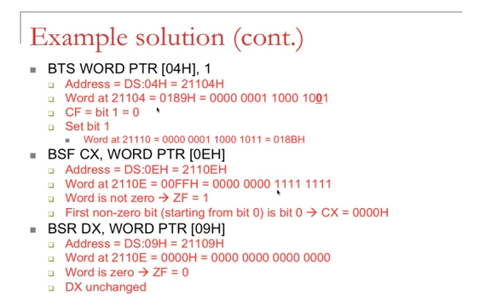In that case, the first non-zero bit you will find is this bit 7. So if you have BSR, then the 7 will be put into CX because that's the index of the first non-zero bit.